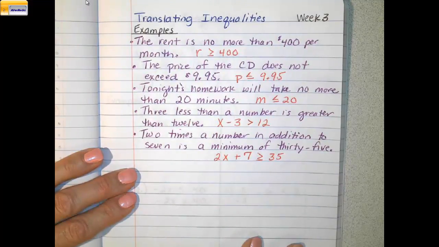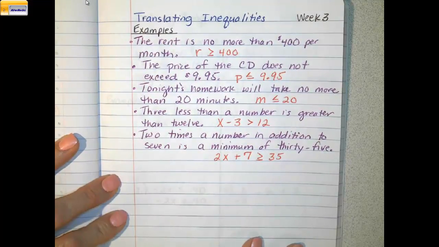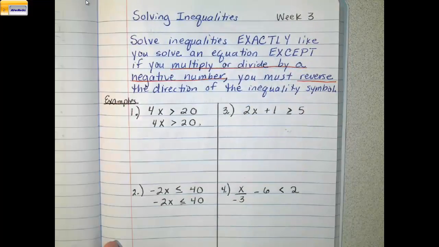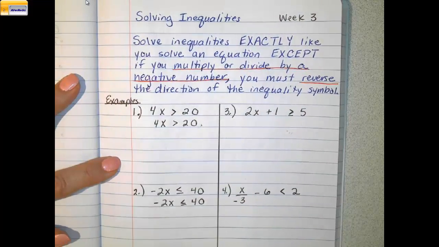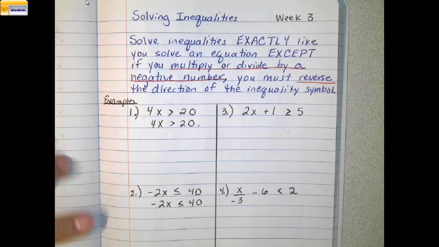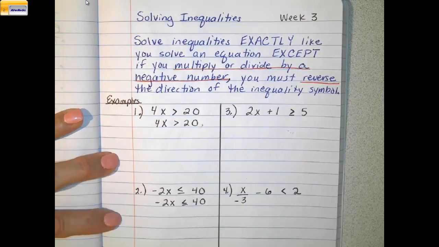If you've not yet written these down, take a moment to pause the video and write these 5 examples. Our last section of notes is on solving inequalities, and you should have up here the directions for solving an inequality, and we're now going to do 4 examples.